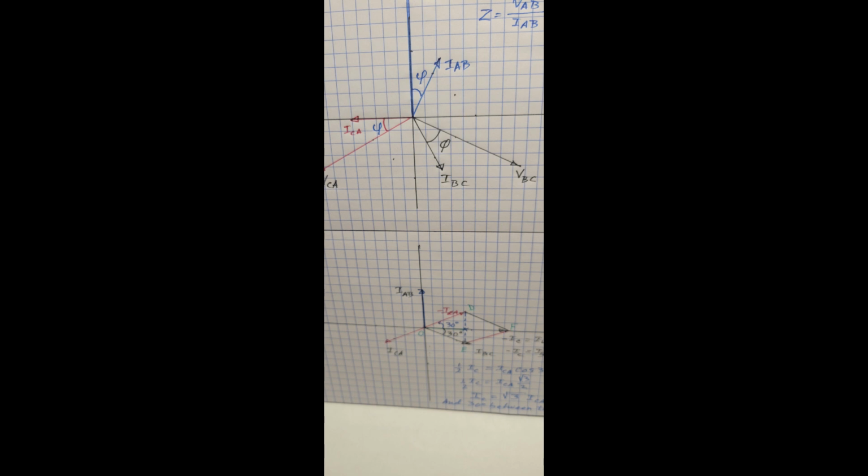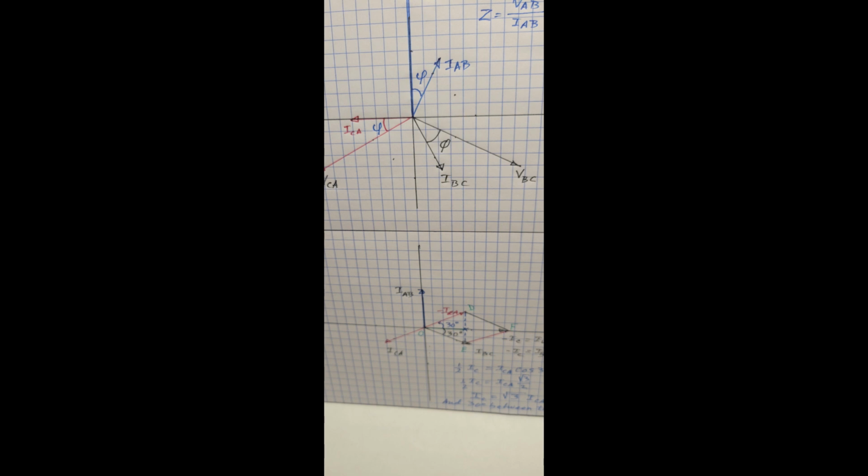Please watch carefully the diagram below. The three currents in the three phases are represented here by IAB, IBC, and ICA. They are separated by 120 degrees from each other, and the line current from the source is equal to the difference of two phase currents of the delta connection.